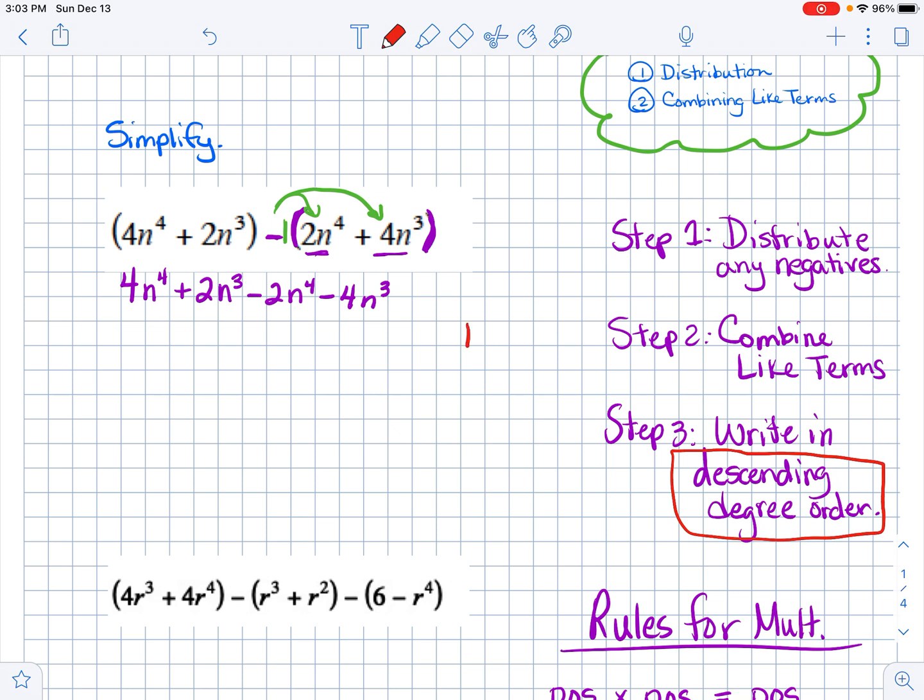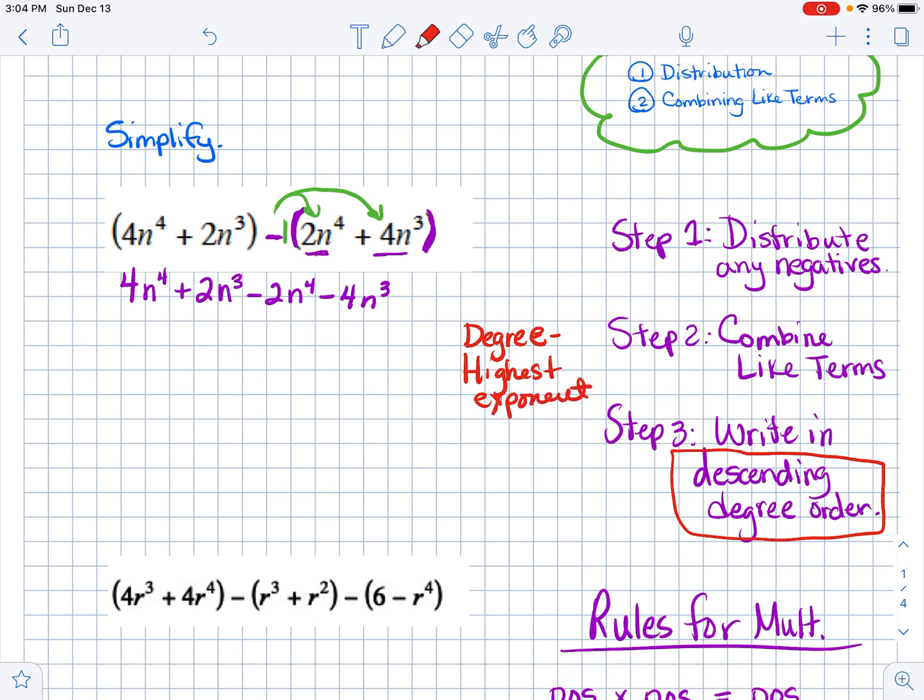So you're probably asking, well, what does he mean by that? Well, let's talk about that word degree. When we talk about the degree of a term, what we're talking about is the highest exponent in that term.